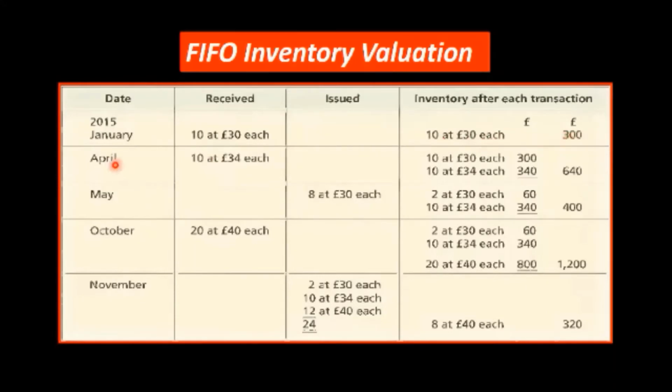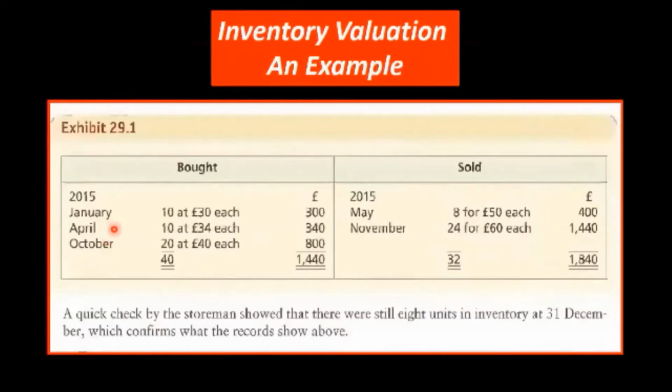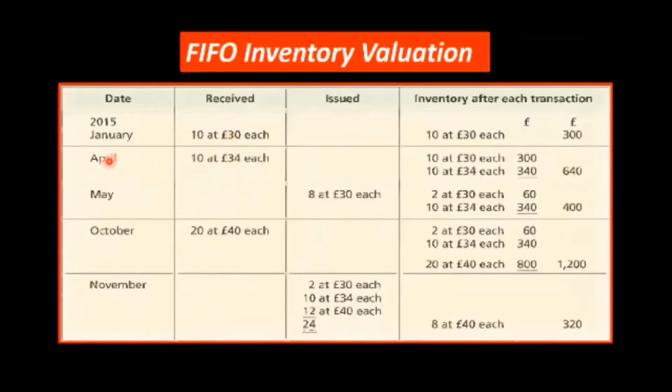Then we look at the next item on our table here, which would be April, right? April comes before May, right? So then we bought another 10 at 34 each for 340. And we'll enter it in the receive column again, April 10 at 34, right?